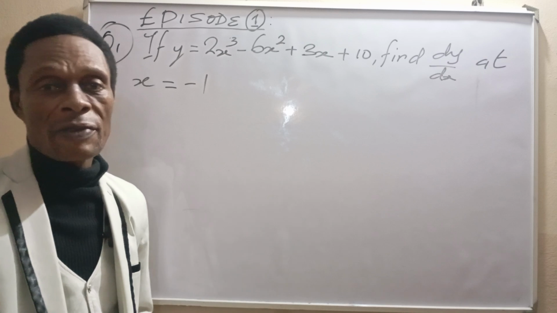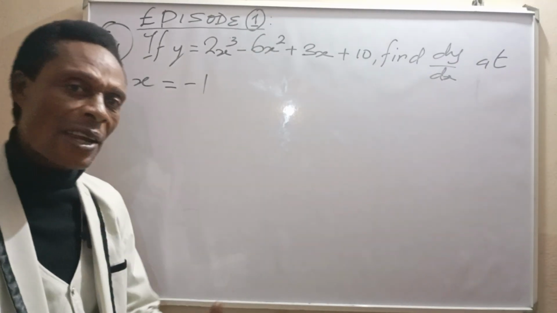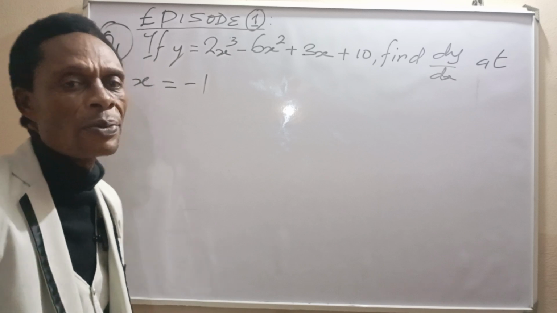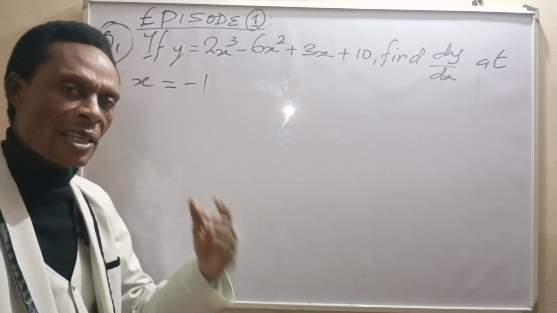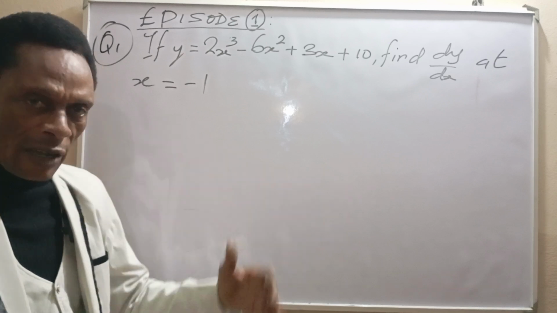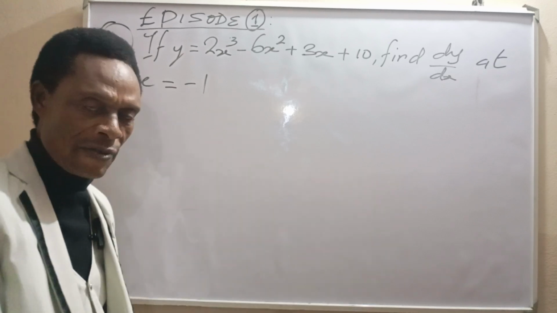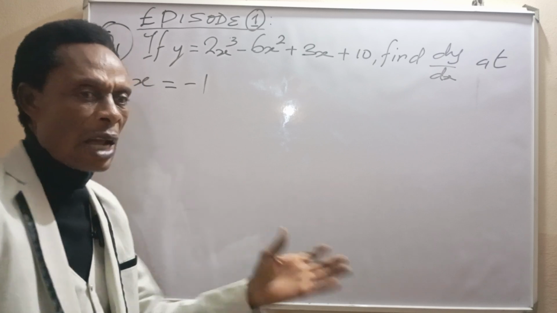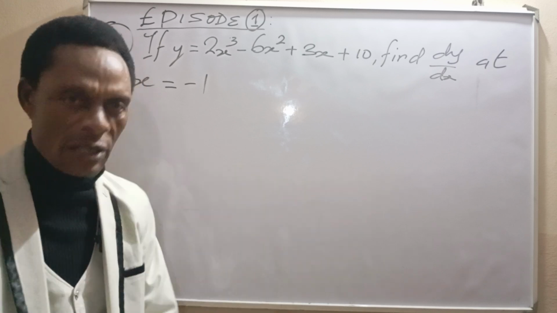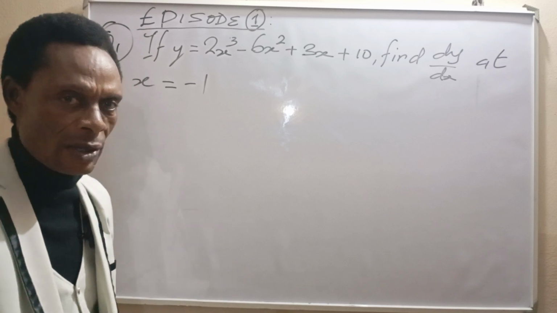Then what is differentiation? Differentiation is the process of finding the derivative of a function. In differentiation, we start with a function and we go further to find the derivative. The second aspect, the twin concept, is integration.